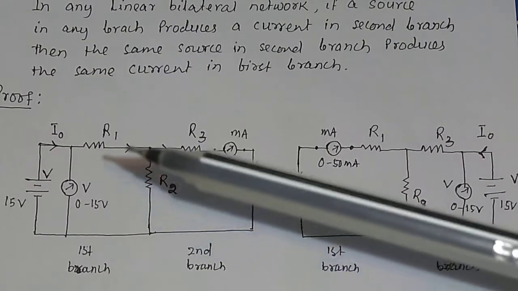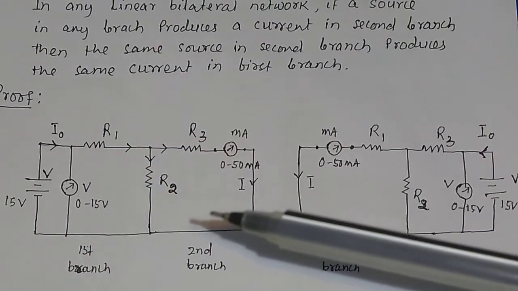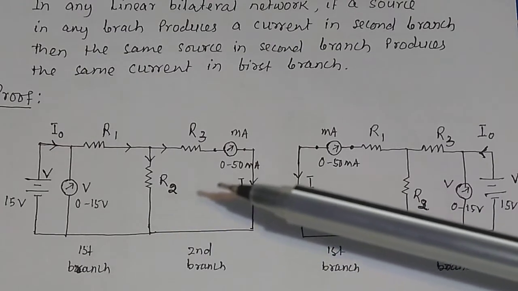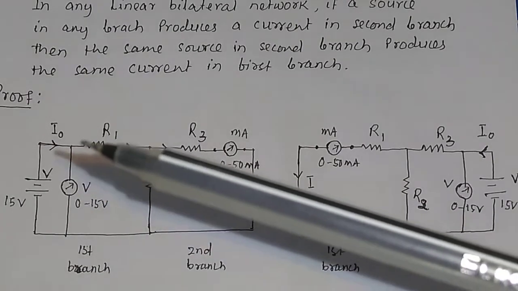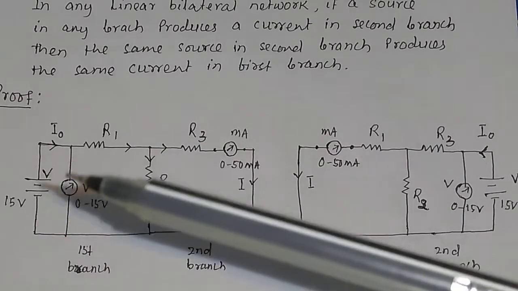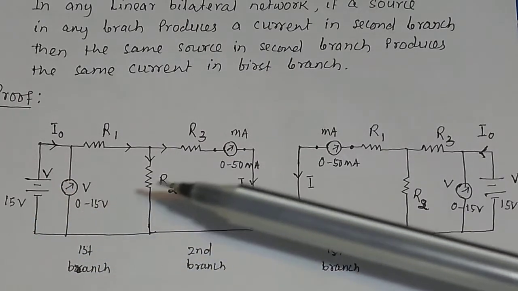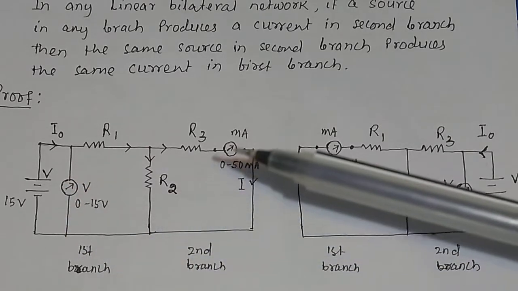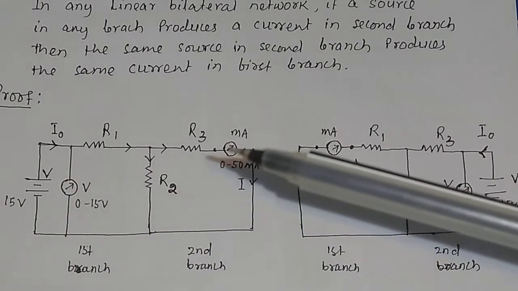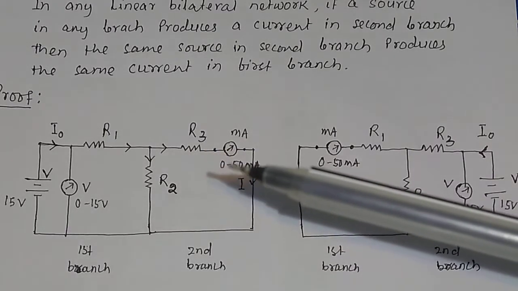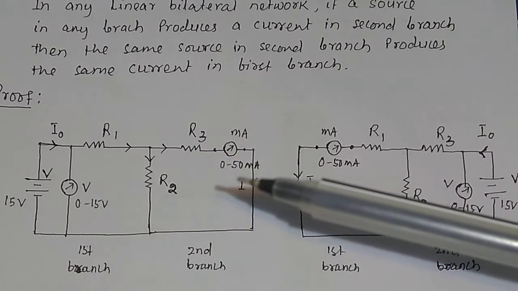Now let us prove this theorem. It is a practical circuit. So what you do, you connect a voltmeter here to know the amount of voltage in the voltage source. This is in parallel, and you connect a milliammeter in series to the second branch, and through the milliammeter you can find out the amount of current passing through the second branch.